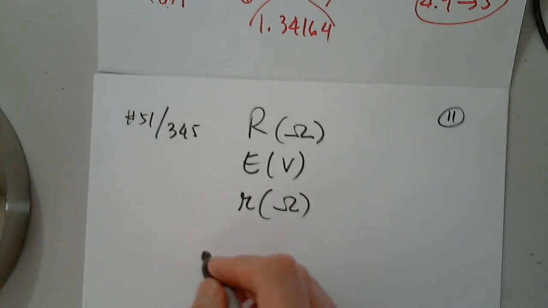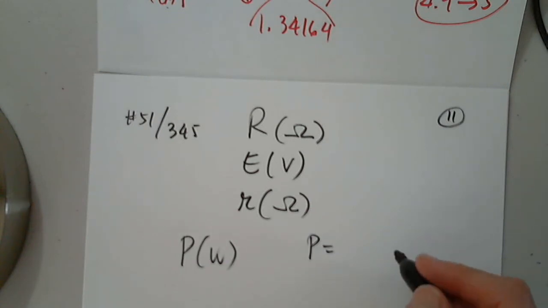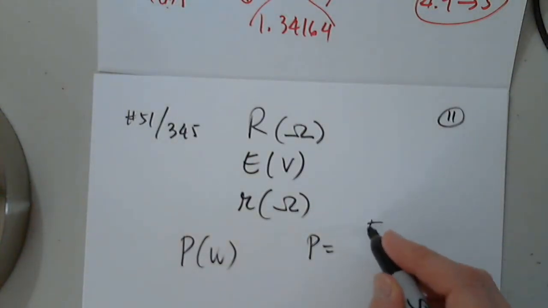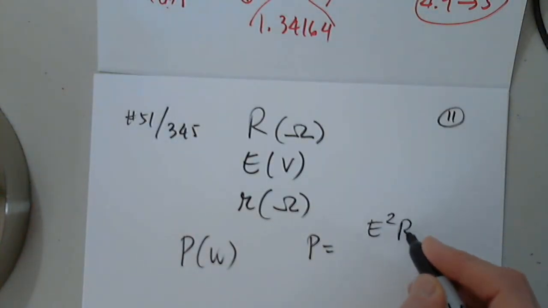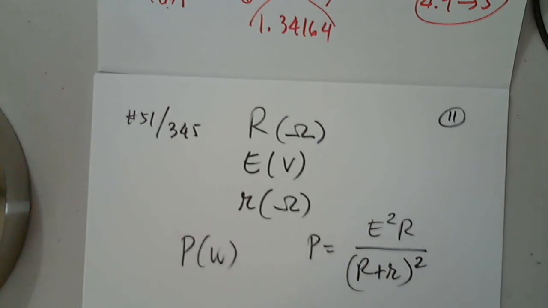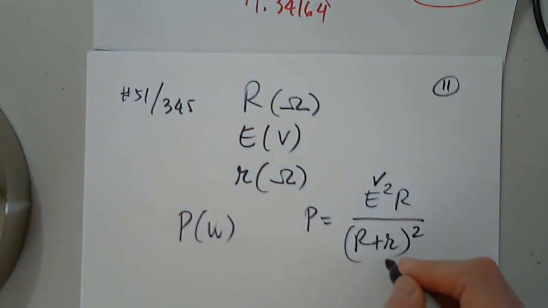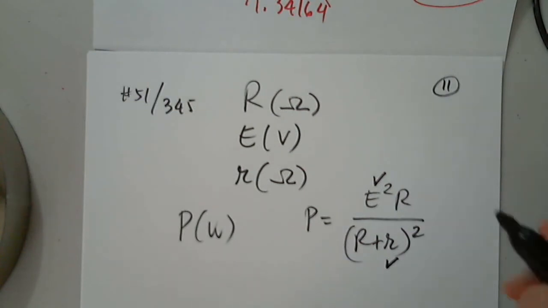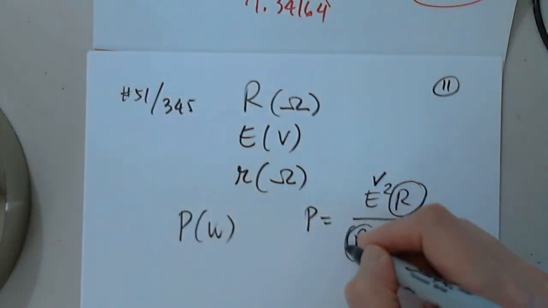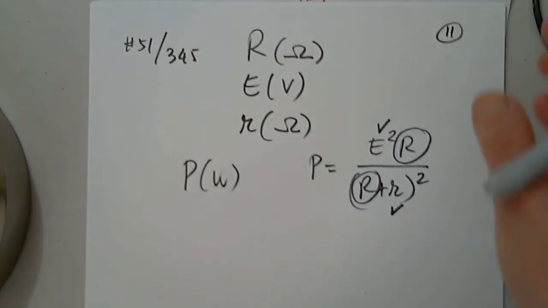Then the power in watts of the external resistor, the formula is given to us, is E squared R over R plus r squared, where E and r are fixed. This is the variable. What is the maximum value of the power?